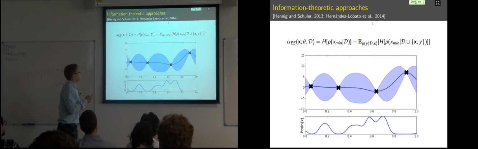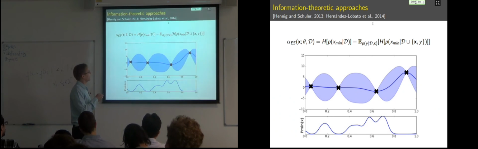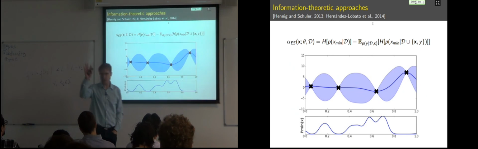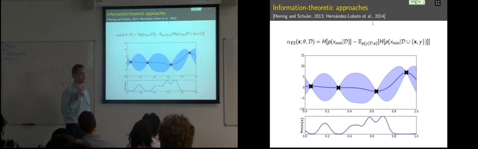So you have the entropy of the probability distribution of the minimum, minus the expected entropy that you would have if you were sampling the function at location x. I won't go into the details, but you will have more of this tomorrow. But this is essentially the idea.